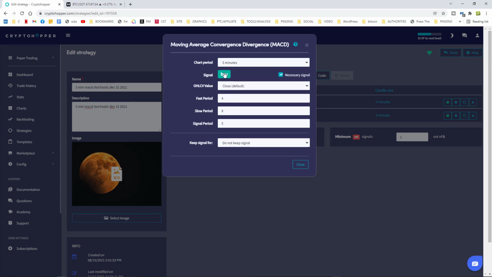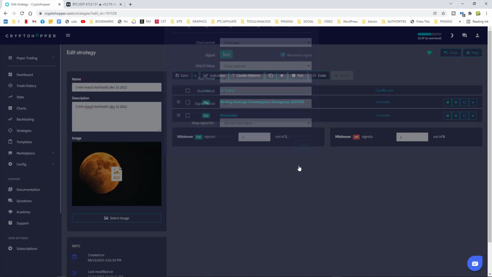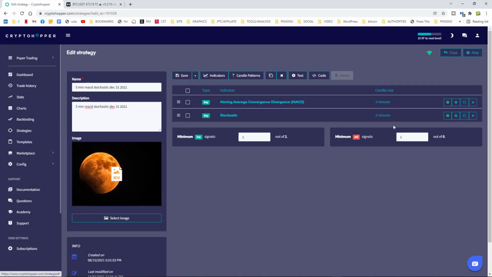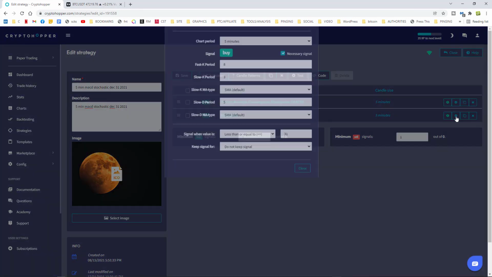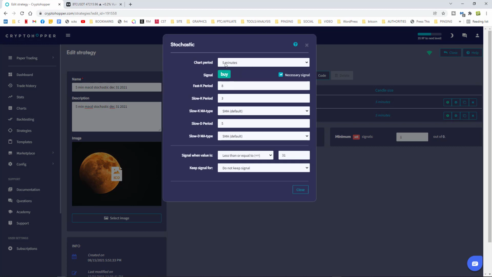5 minutes, necessary signal, close default, 4, 8, 5, do not keep signal, and then you can close that. That one's locked in. Alright, stochastic: 5 minutes, 8, necessary signal by the way, 8, 3, SMA default, slow D period 5, SMA default, less than or equal to 31.